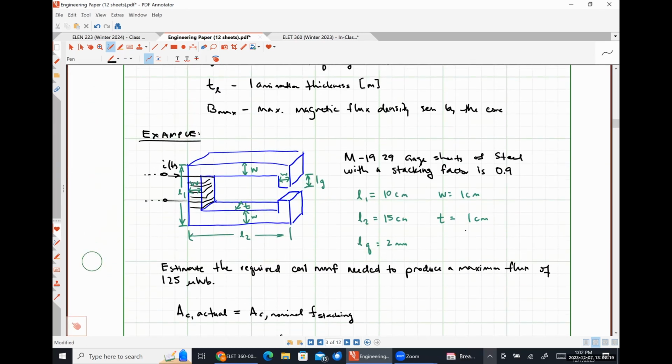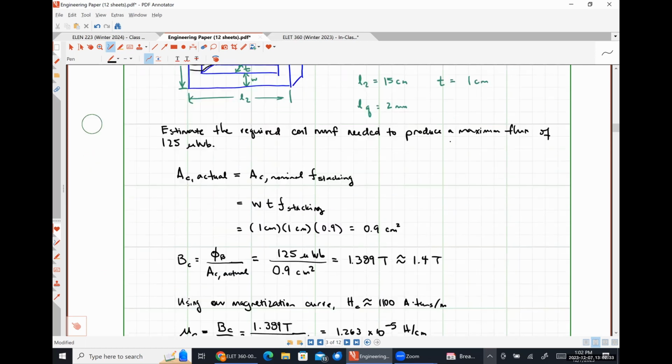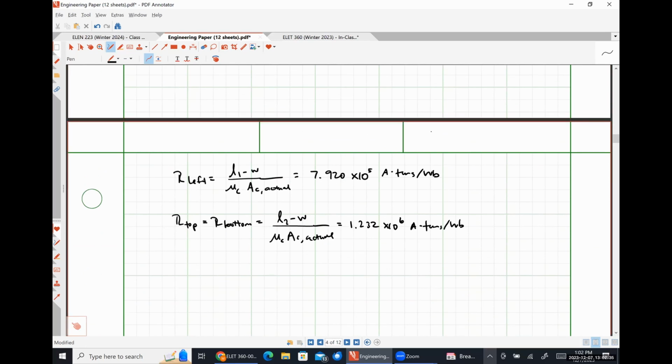What length does our flux travel through the core on the right-hand side? L1 minus W minus LG. Absolutely correct. Great job, Bailey.